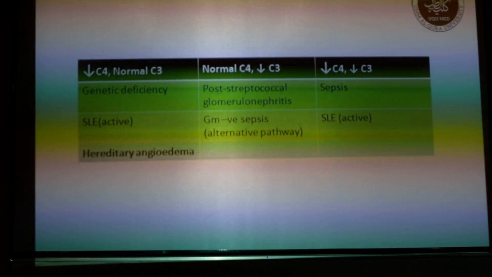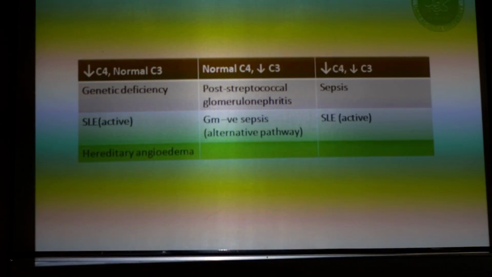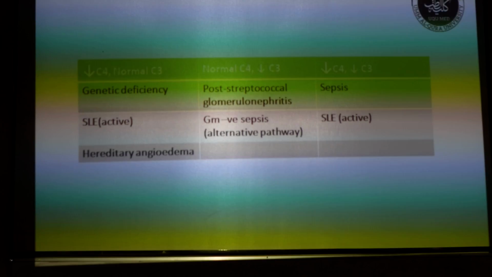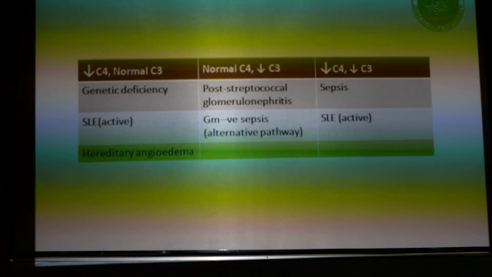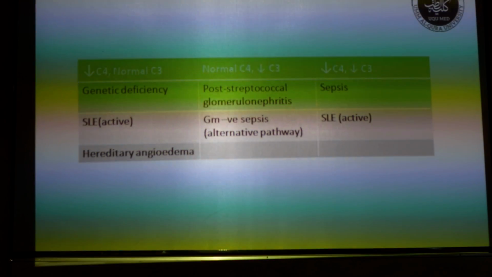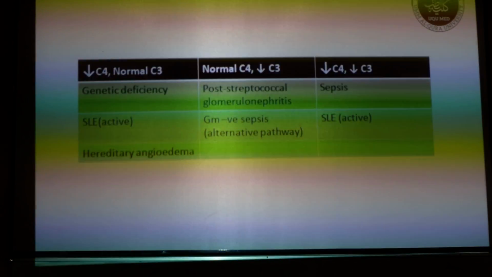Now, on the other hand, if there is a certain condition that just activates the classical pathway, not the alternative pathway, and just one thing I forgot to write, if I write it, maybe it will make more sense.